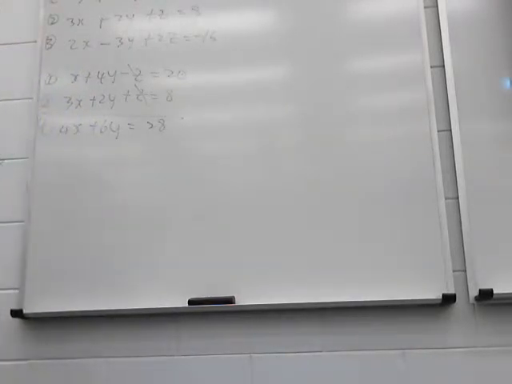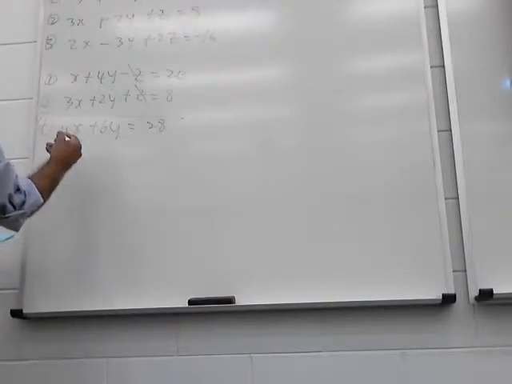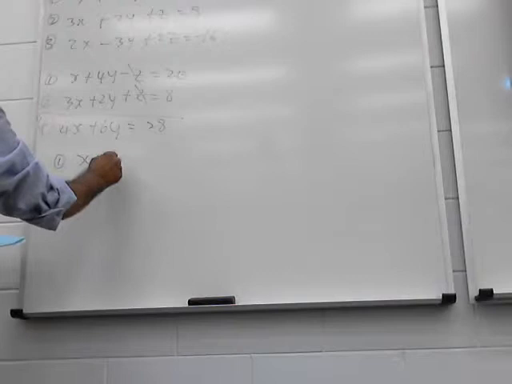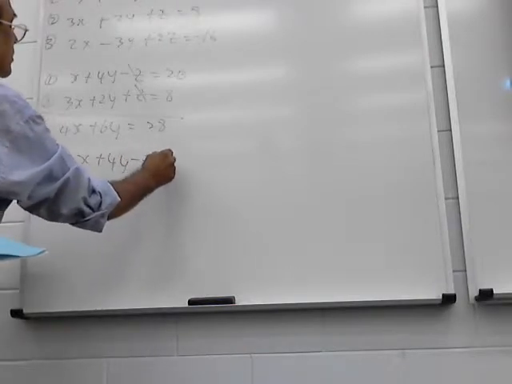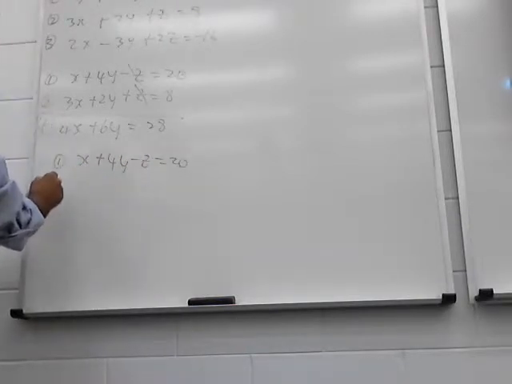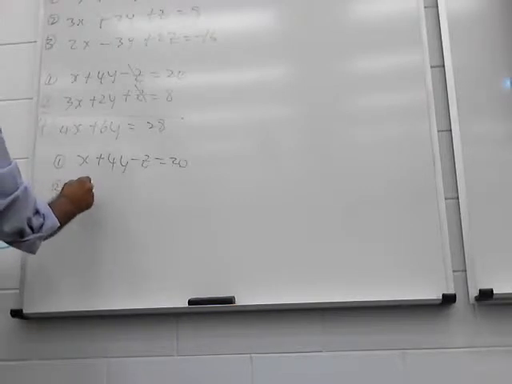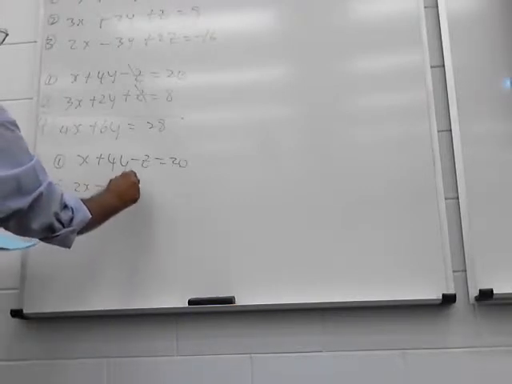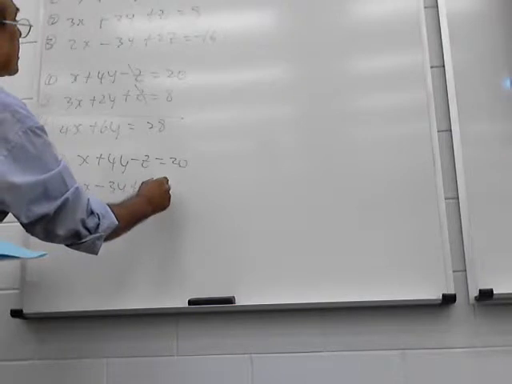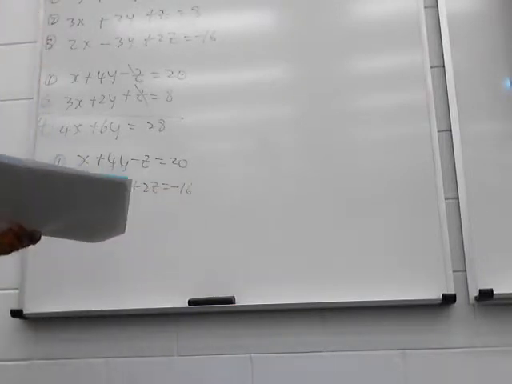So 1 and 3, let's see, 1 here is x plus 4y minus z equal to 20, and 3 is 2x minus 3y plus 2z equal to minus 16.